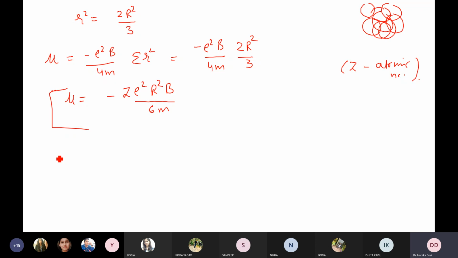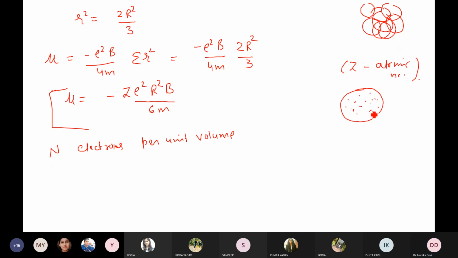Okay, now let us consider a situation. Let's say the substance contains n number of electrons per unit volume. Then the total magnetic moment of this unit volume of the diamagnetic material is given by M is equal to n multiplied by mu, because mu is the magnetic moment for a single atom.